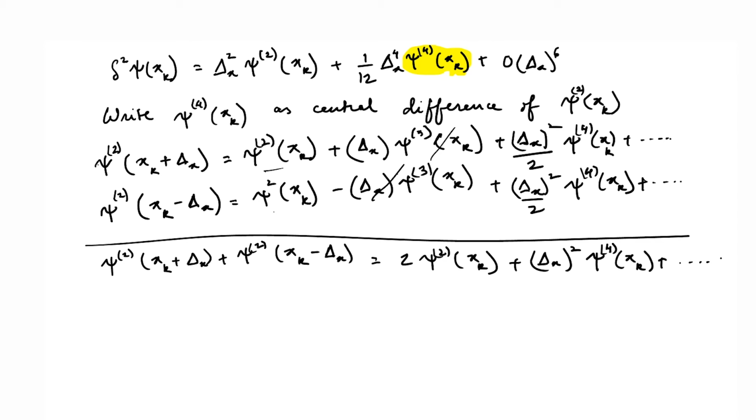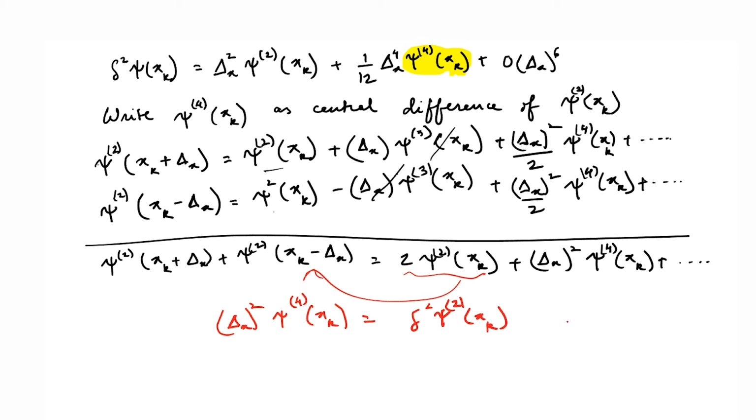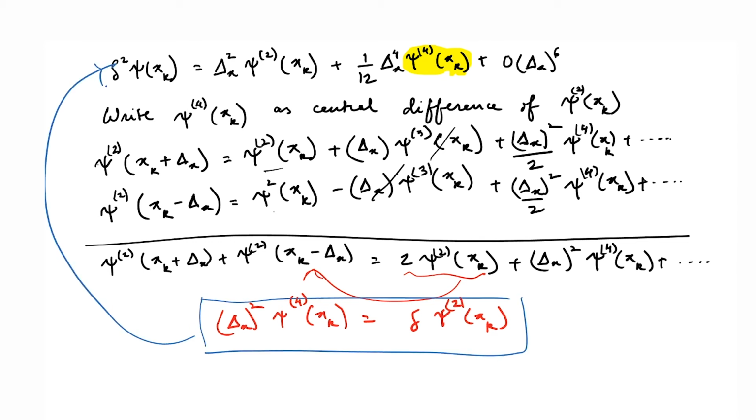As before, we bring this term to this side, and as a result delta x squared times the fourth derivative of psi at x_k is given by delta 2 psi 2 x_k. Okay. Once we know this expression, we will plug it into this particular equation, and let us see what we get.